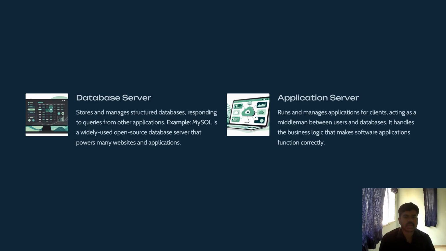In online shopping websites, product information is stored in a database server. And the next is application server. It runs applications for users. For example, in banking software, application server processes transactions. So students remember, different server is equal to different responsibilities.